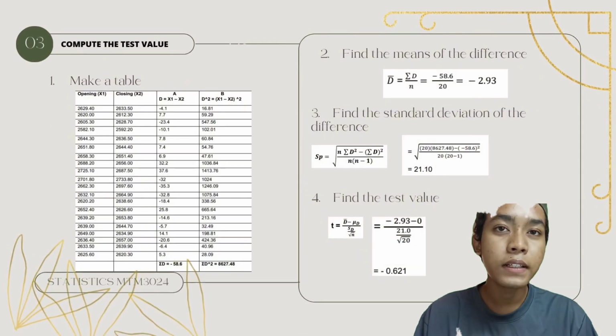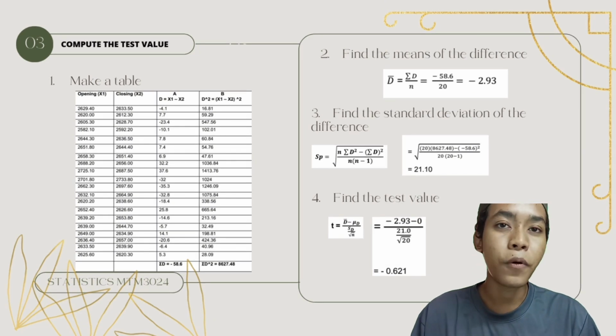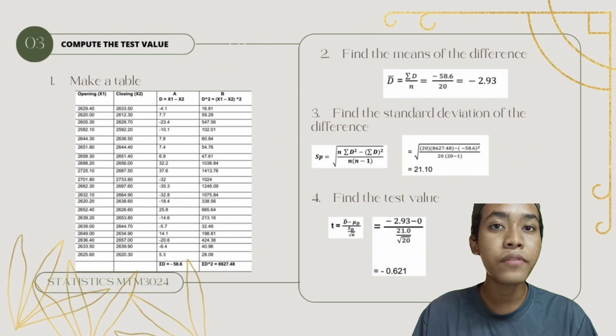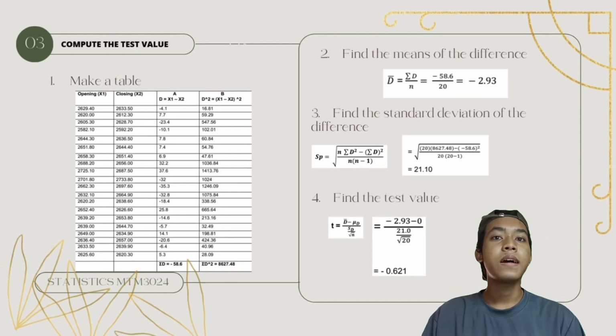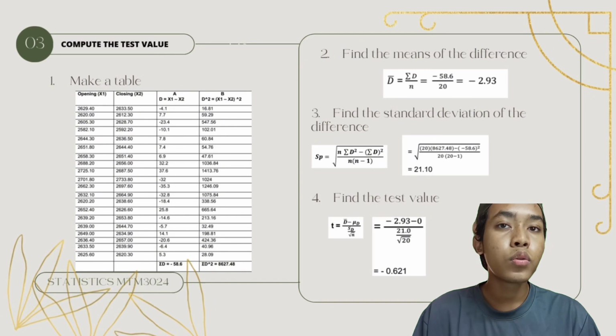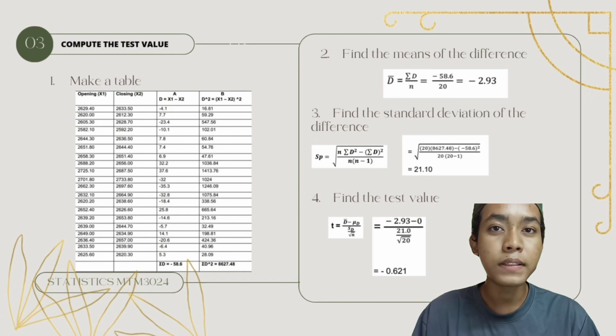From the data provided, the sum of differences is negative 58.6 and the sum of square differences is 8627.48. The mean difference is calculated as D bar equal to sum of differences over n, which is equal to negative 2.93, and the standard deviation of differences is computed as SD equal to 21.10.